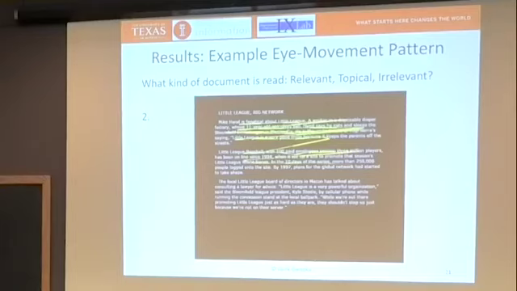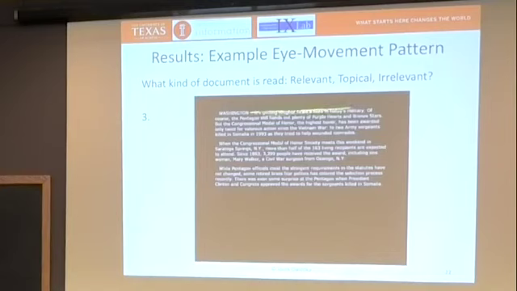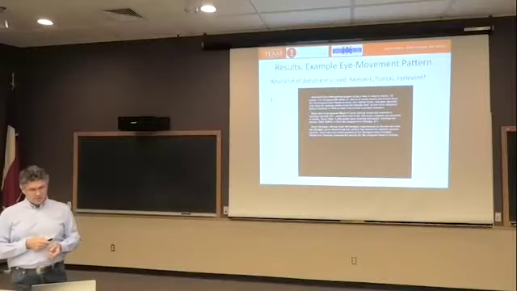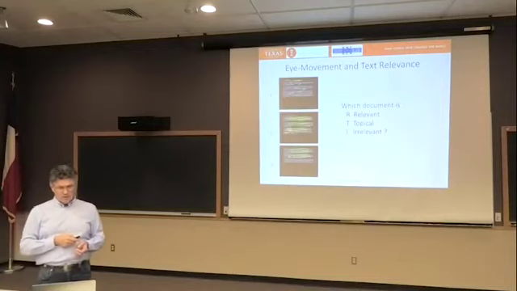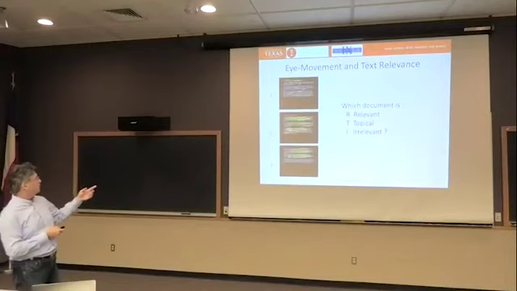But essentially they read every line in this case, jumping around a little bit. And this is the third case. So they also read pretty much everything, but at some point they stop reading.